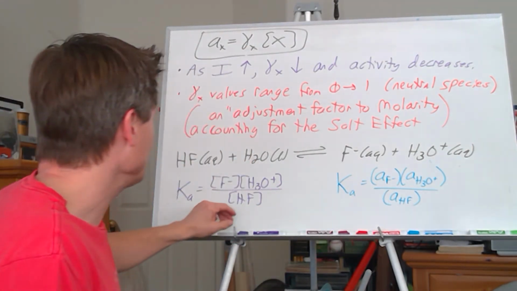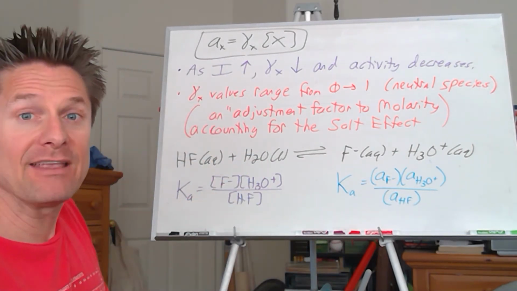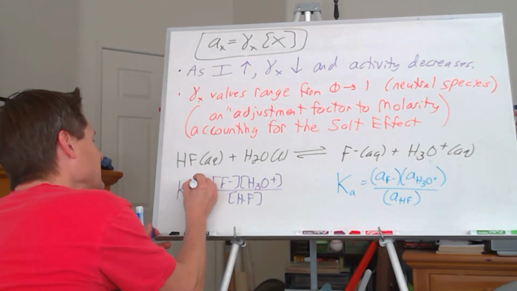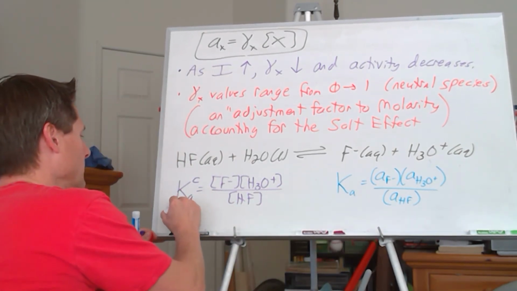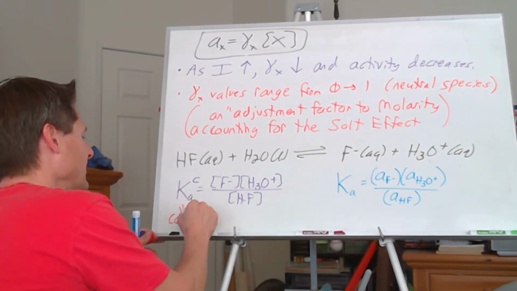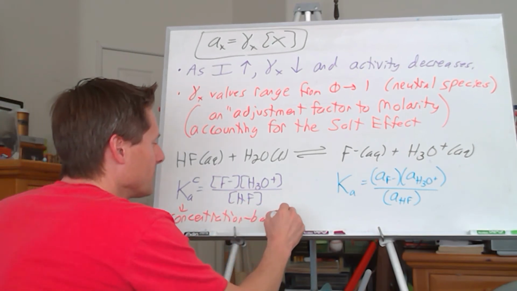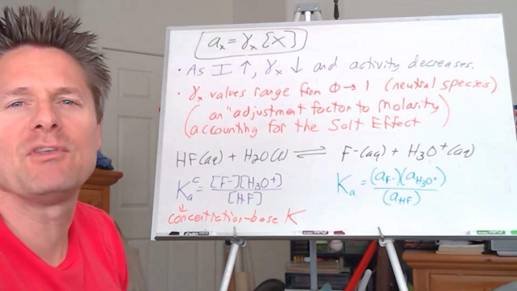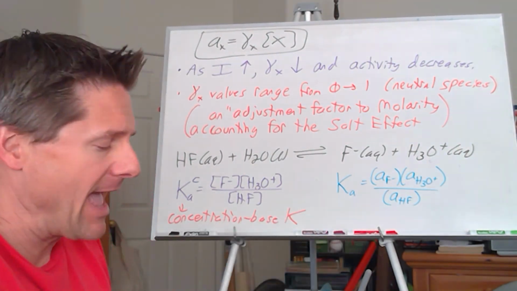How do you designate these 2 terms? We're going to use a special symbol for these. If we use molarities, we call that the concentration-based equilibrium constant. That's what the C is for. Anytime you see a superscript C, that means we use molarities, which is not the accurate one.